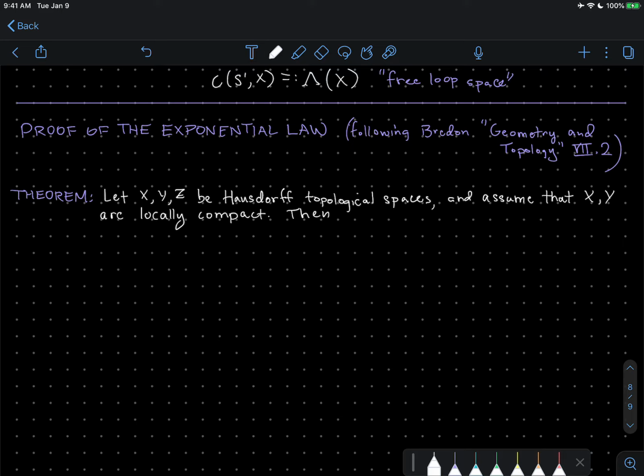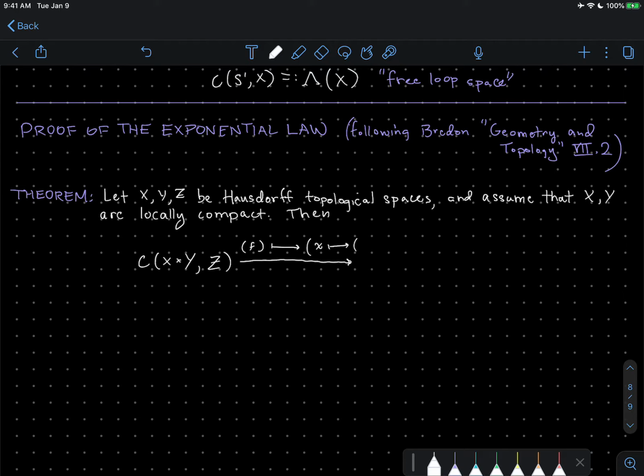Then there's a function from continuous maps from X cross Y into Z. First of all, this is just a function of sets that takes a map f to the function that takes little x to the function that takes little y to f(x, y).